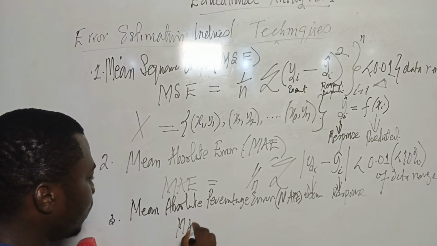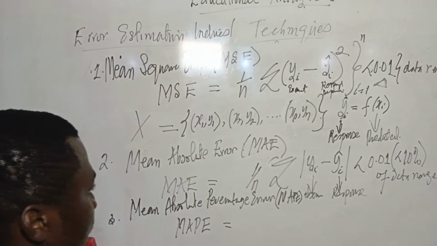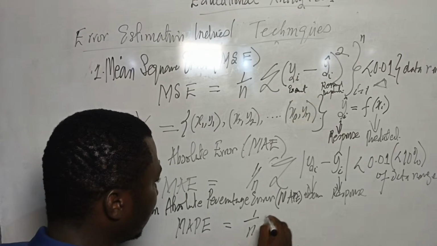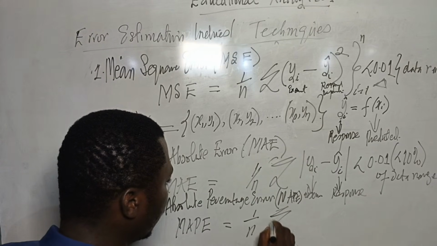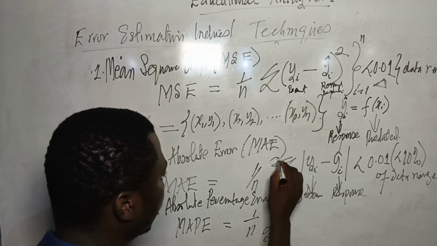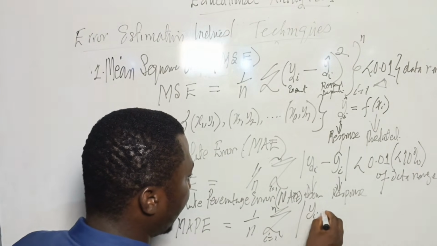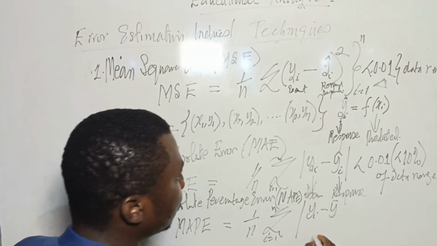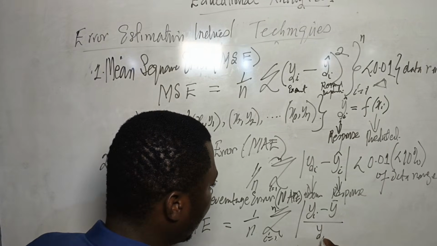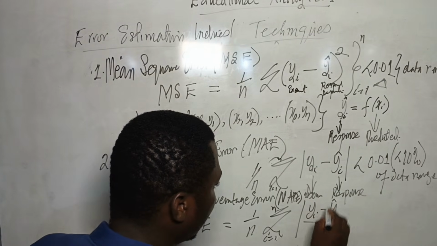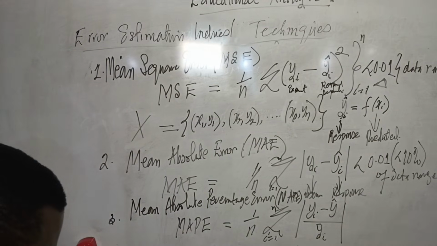So the mean absolute percentage error is an approximation of the previous one, in the sense that it will run from i equals 1 to n, of yi minus yi bar, divided by yi bar.